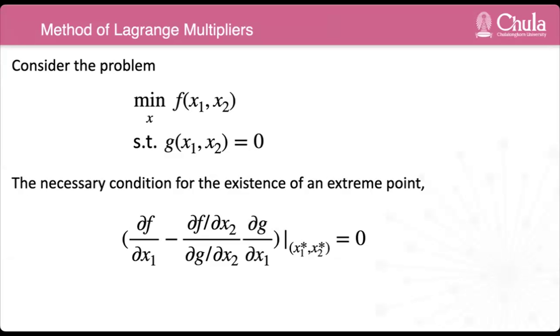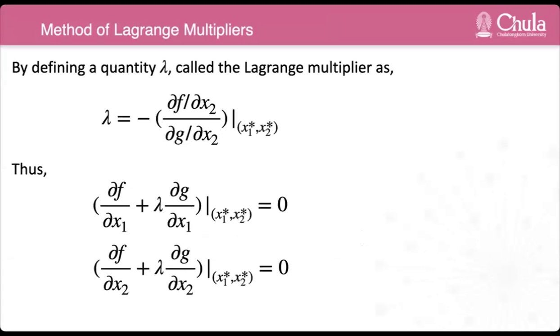The only complicated thing is the term in front of the derivative of g by x1. Writing it this way is too difficult to read, so I change that term to just lambda, and I call it the Lagrange multiplier.